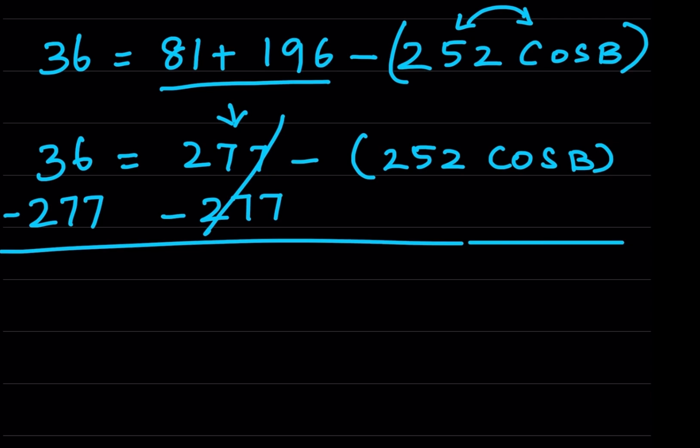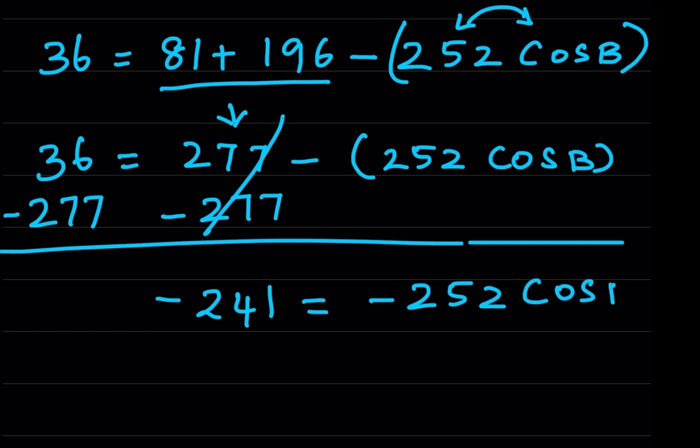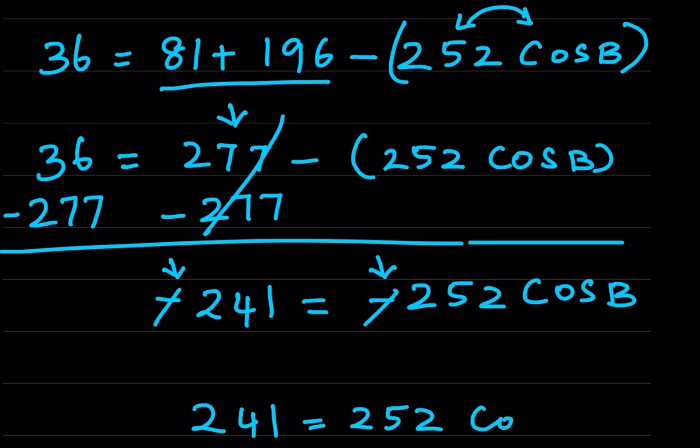I'm cancelling these two. So 36 minus 277 is minus 241, which is equal to minus 252 cos B. So there is a negative sign on both sides of the equation. So I'm going to multiply by -1. So this cancels out. So 241 is equal to 252 cos B.